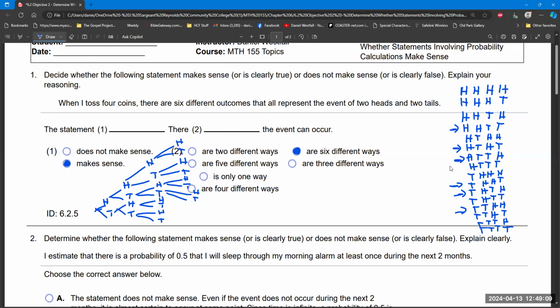But I know if I get 2 heads here, I'm going to have to get 2 tails. If I get a head and a tail and a head and a tail, that's good. A head, a tail, and a head is also going to be good. A tail, a head, a tail, and a head would be good. Or a tail, a head, and a head would be good.